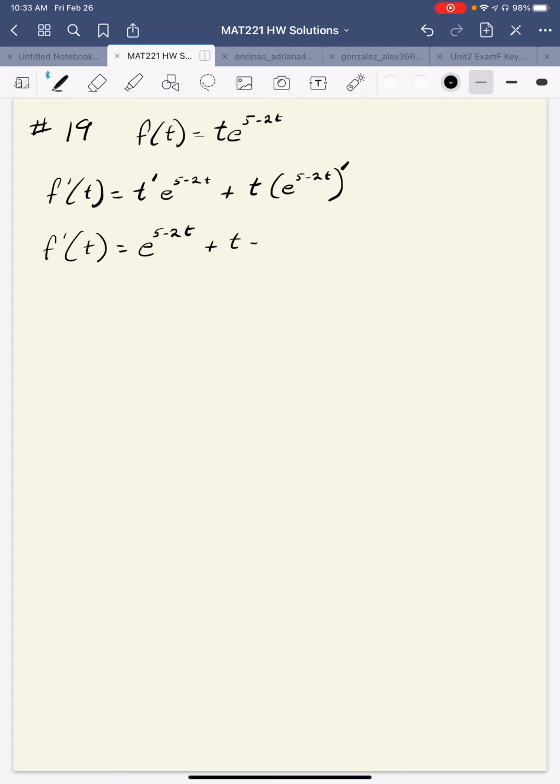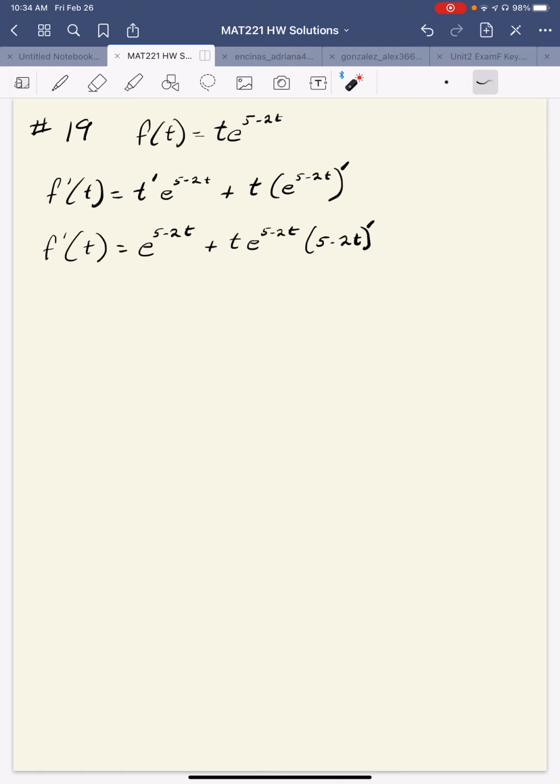So I have e to the 5 minus 2t, but then I have to deal with that 5 minus 2t by taking the derivative of that. Okay, so again, the derivative of this, I used the chain rule and came up with that.